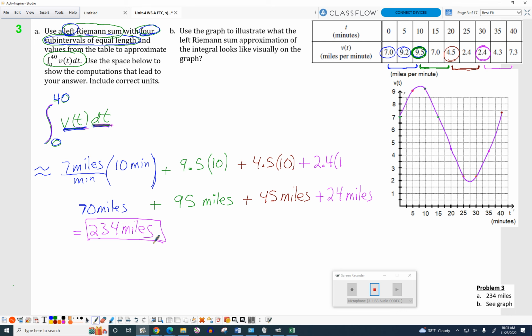That pretty good? Item B says we're supposed to graph, like not graph, but we're supposed to illustrate what that looks like. Here's what that looks like. 7 miles per minute is the length of this blue line. 10 minutes is the length of this yellow line.